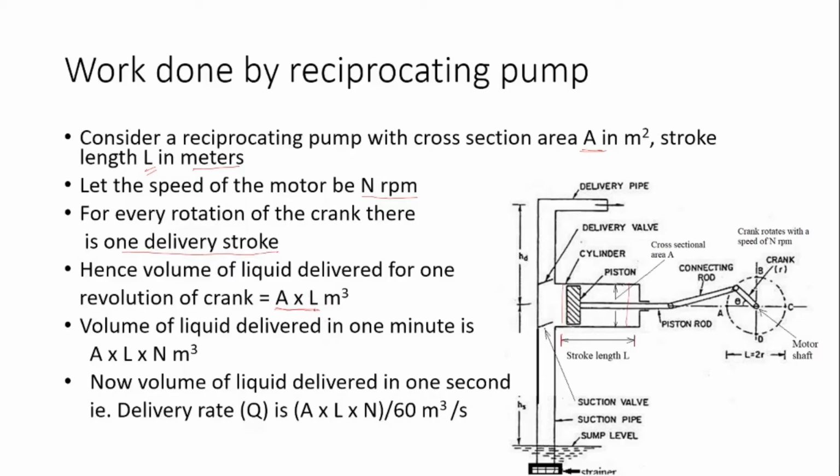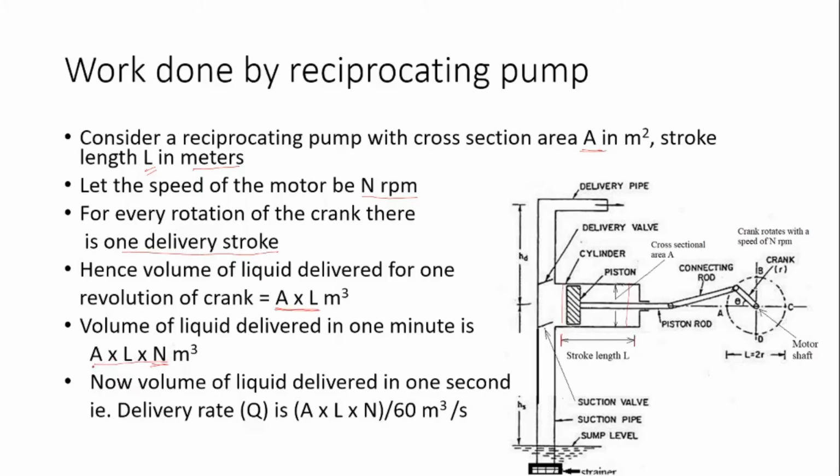So what is the amount of liquid delivered per minute? Volume delivered per revolution into number of revolutions per minute. Number of revolutions per minute is equal to capital N. So the volume of liquid delivered in 1 minute is equal to A into L into N. Now what is the volume of liquid delivered per second?